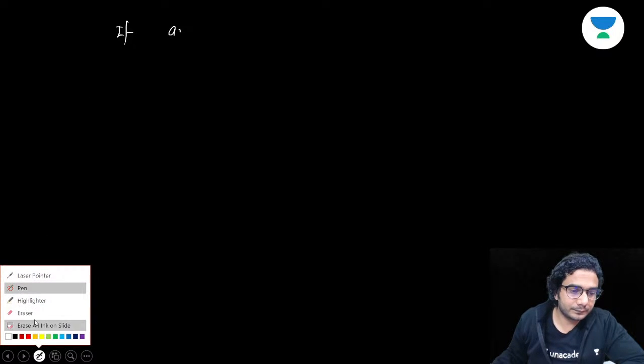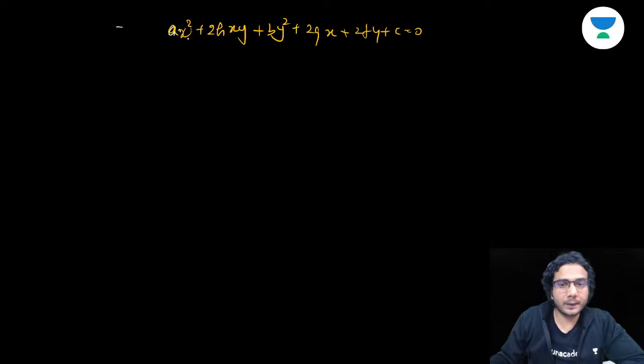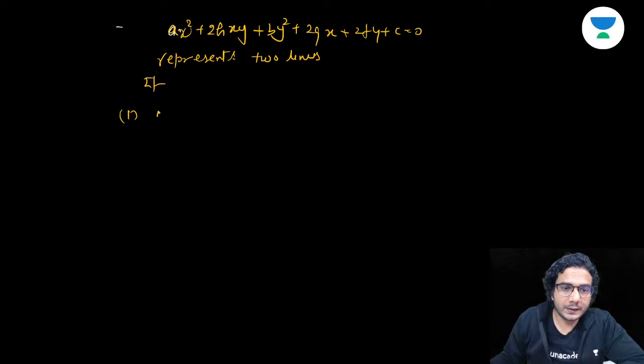All right. Now see, ax square plus 2hxy plus by square plus 2gx plus 2fy plus c is equal to 0 represents two lines if, first condition, delta is equal to 0 and h square is more than ab.